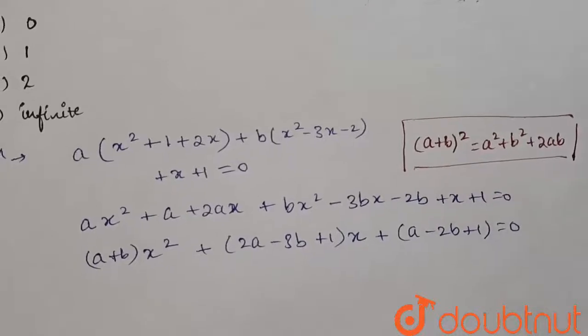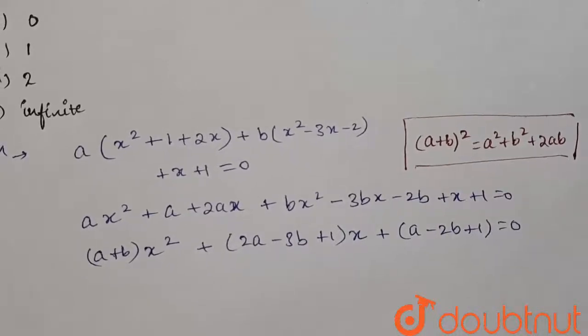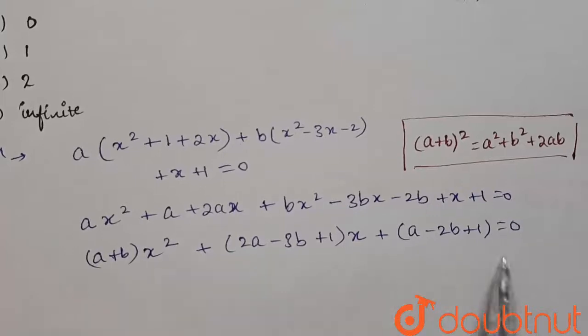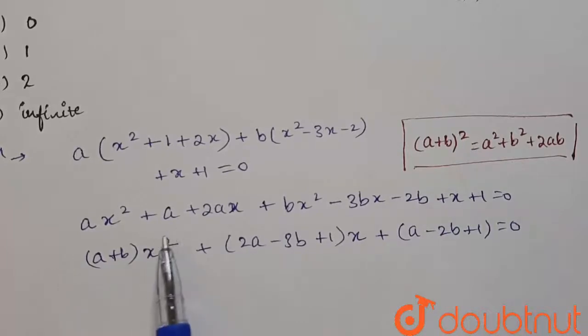Now, we are given that this equation is valid for all x belongs to R. We know that an equation has a number of roots equal to its highest power. Here the highest power is 2, so it should have 2 roots, but it is defined for all x belongs to R, which means this must be an identity.